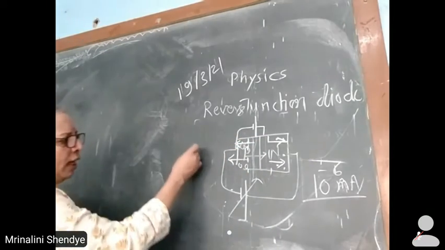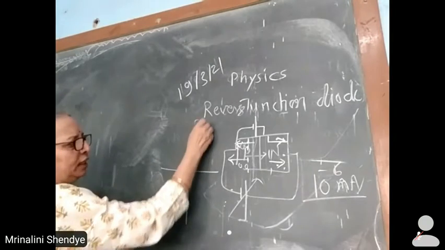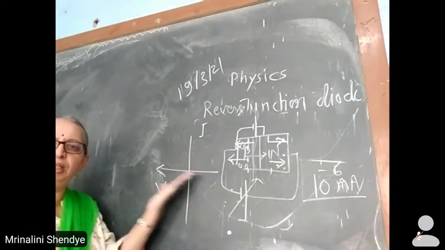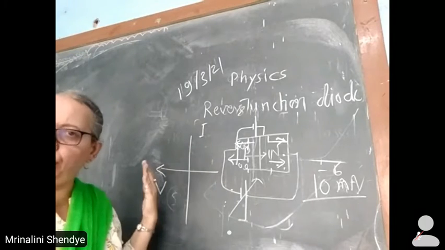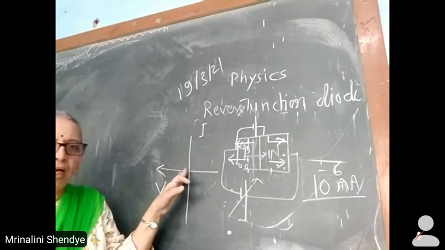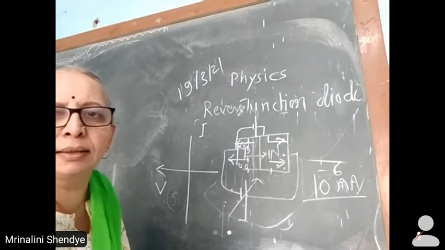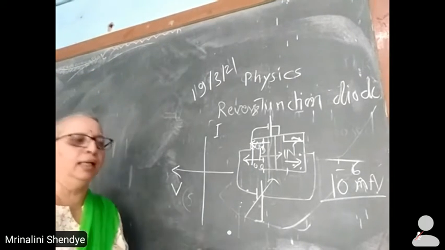But what happens if you still increase the value of the width? Reverse bias means you are increasing negative voltage, so it will come to the left side, towards the negative x direction.